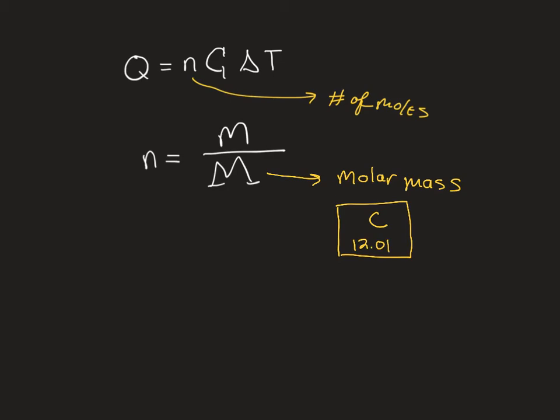So that would be the molar mass, but you do have to be careful because the molar mass is given in grams per mole. But in physics we never use grams, we use kilograms. So you need to convert to kilograms per mole before doing any calculations. So you need to divide by 1,000 before you use the number given in the periodic table.